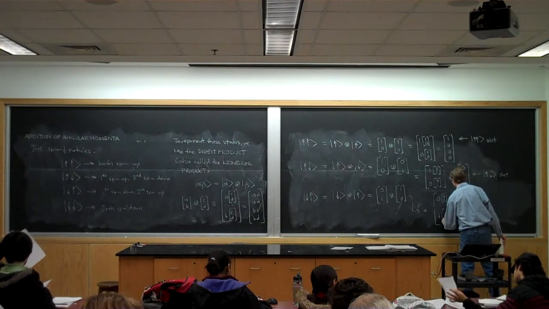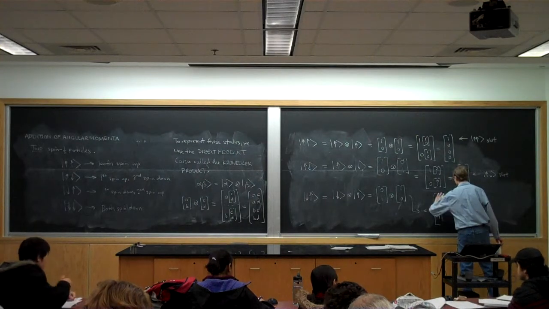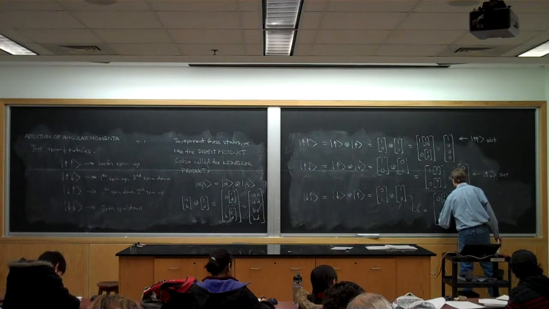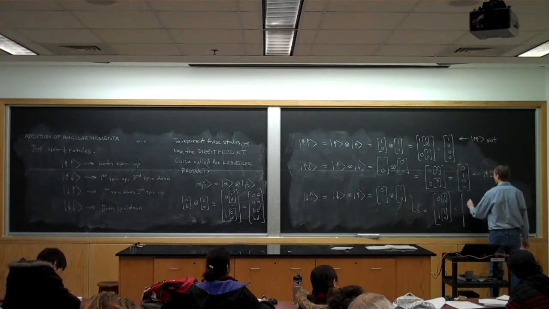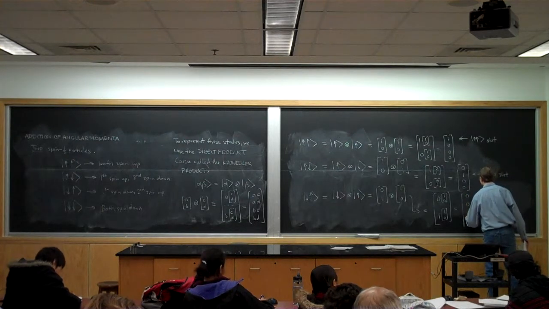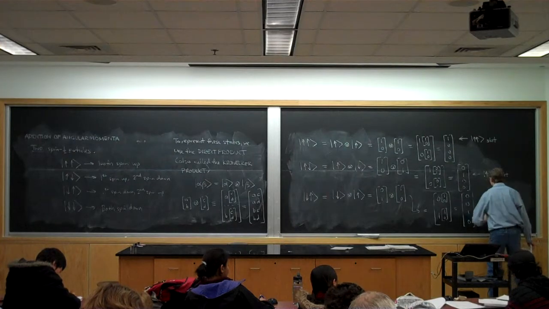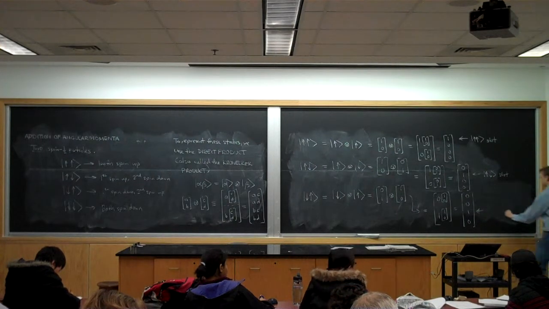The next two slots, the bottom two slots are 1 times the second spinor. Second spinor's up. 1, 0. So that turns into the 4-component column 0, 0, 1, 0. So slot number 3 is the down-up slot.